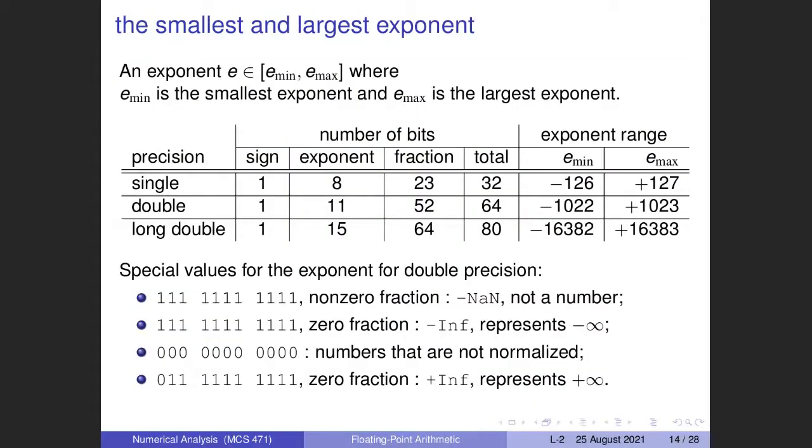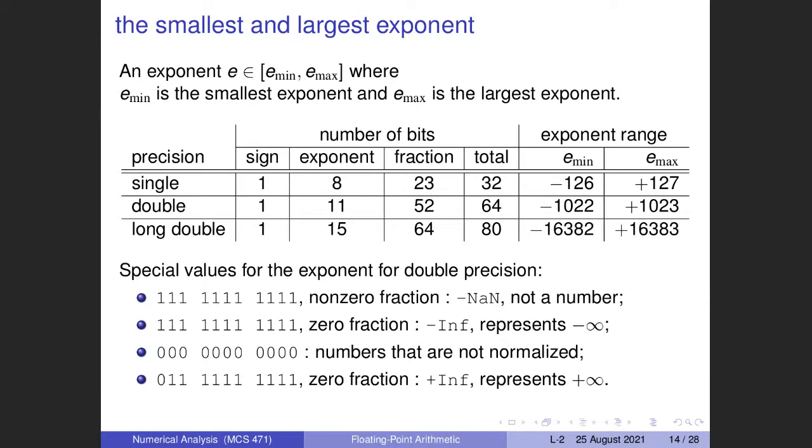All right, so we have an approximation for real numbers. What is the smallest and what is the largest number that you can make? Well, what is the smallest and the largest exponent? For the different number systems, you can see the exponent ranges, and we see the values for the exponent that you can make.